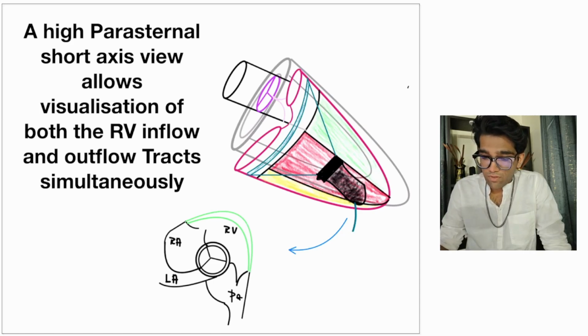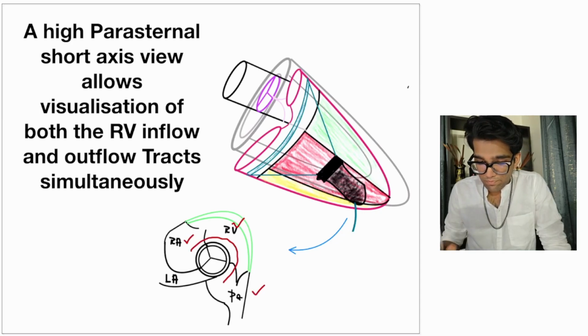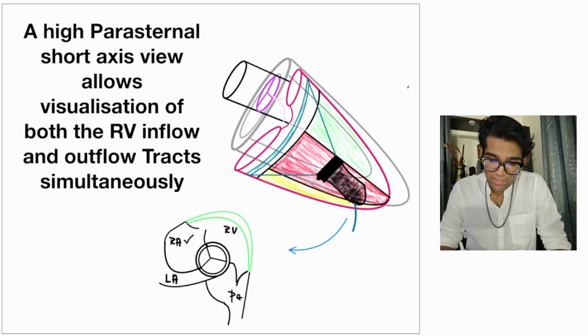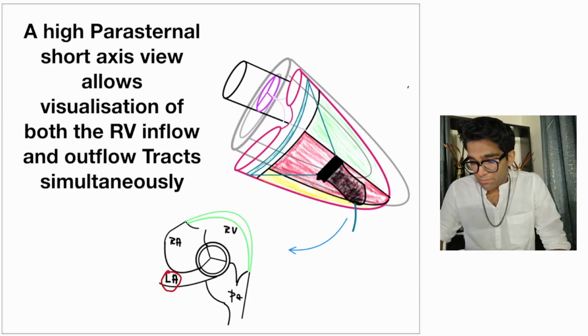Now, just to highlight the direction of blood flow, it goes from the RA into the RV, and then from the RV into the pulmonary artery, obviously in different phases of the cardiac cycle. Essentially the RA, RV, and the pulmonary artery are wrapped around the root of the aorta, and this is the aorta at the level of the sinuses of Valsalva. And behind here we've got our left atrium.